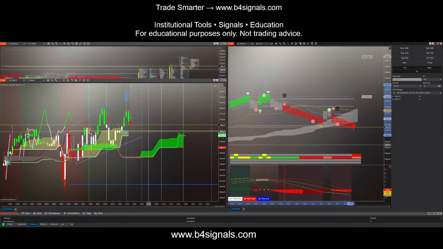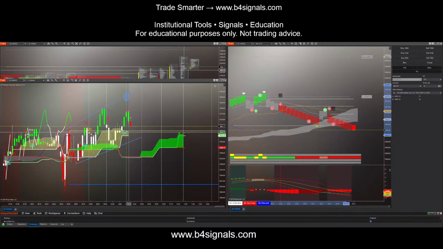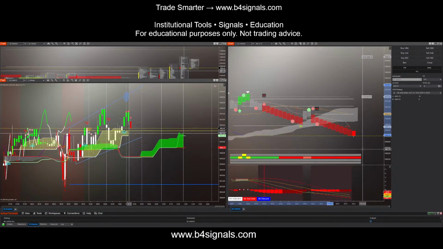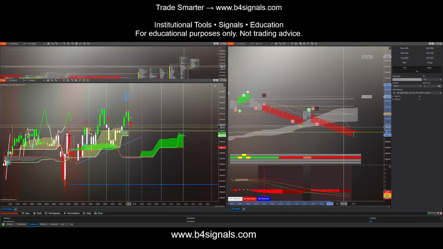Let me enable my strategy again. I'm curious if that would have re-entered short. It should have. Yeah, it would have here. There's my stop loss there.